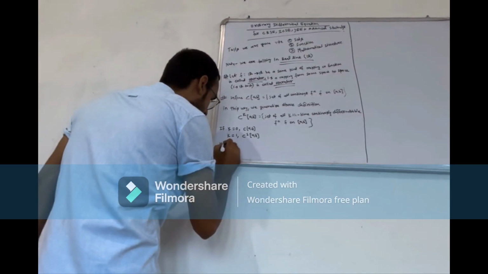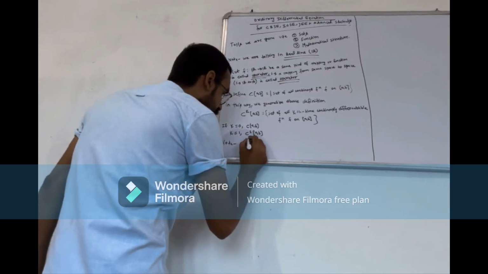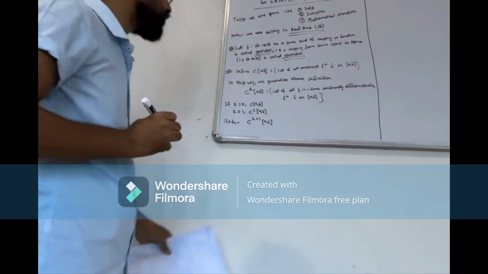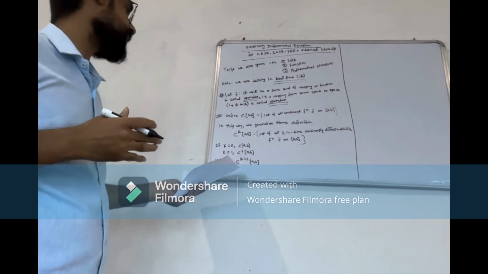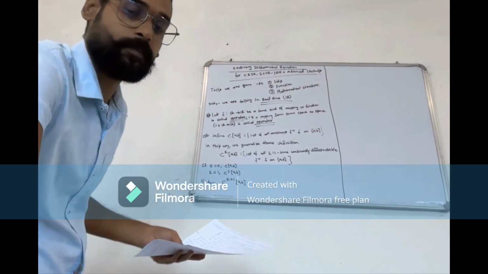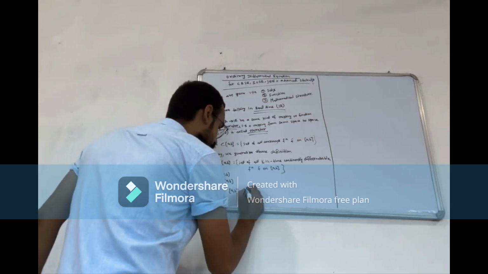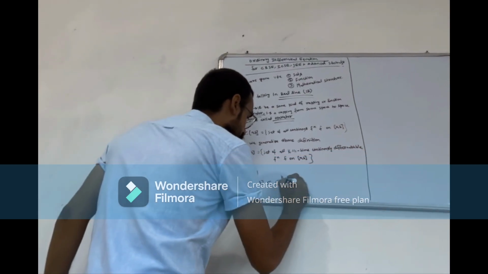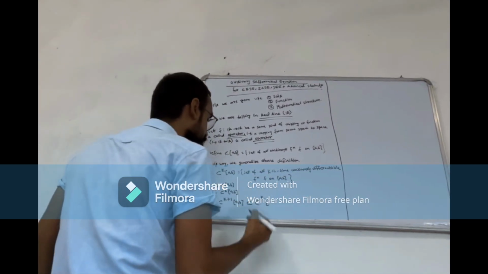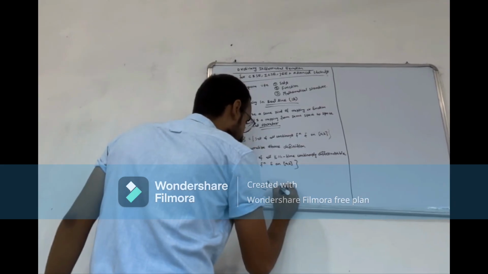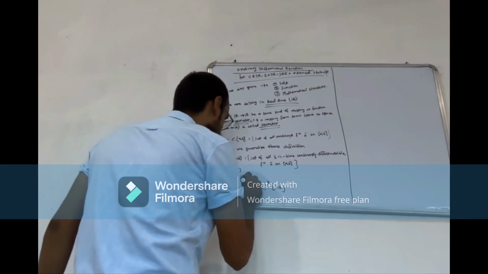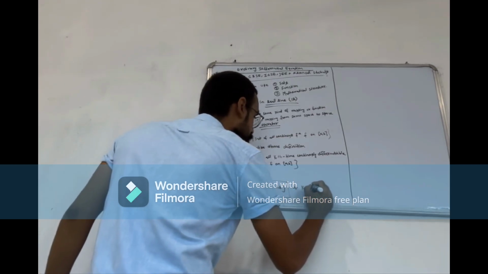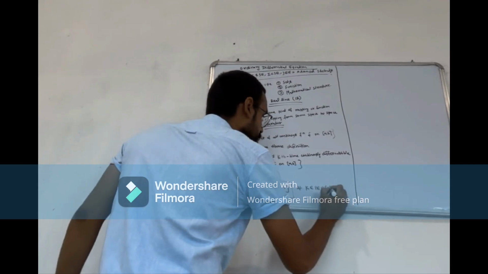And note, the set of all k plus 1 times continuously differentiable functions on AB is a subset of C, the set of all k times continuously differentiable functions defined on AB, and this is true for all k belonging to the natural numbers union 0.